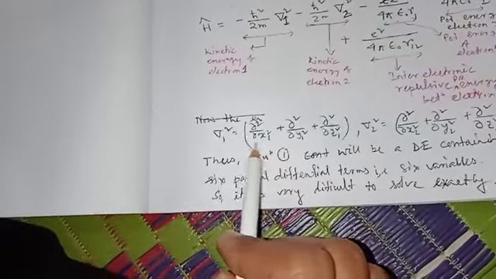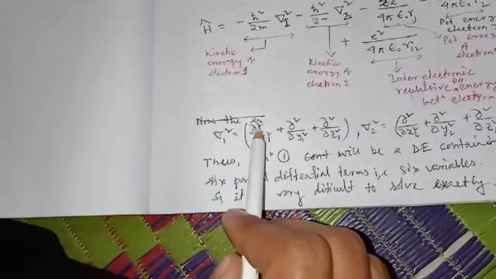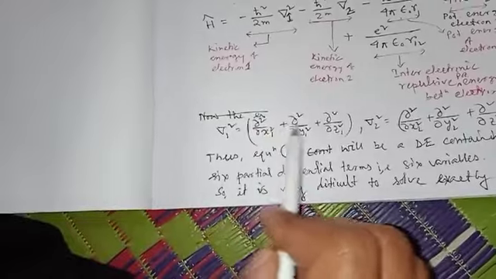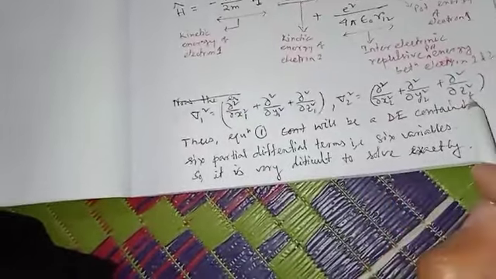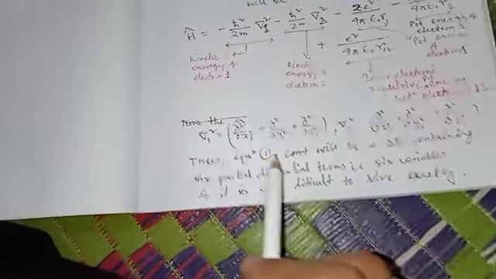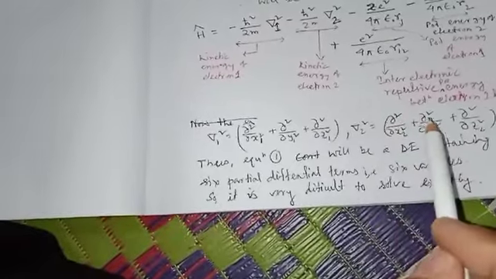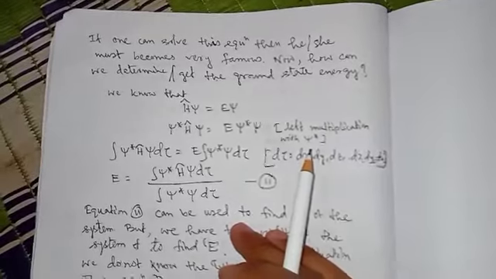The first one depends on del 2 by del x1 2 like this, and the second one also depends on 3 differential terms. So there are 6 differential terms which depend on 6 variables. So it is very difficult to solve the Schrodinger equation of this type of system which has 2 electrons.